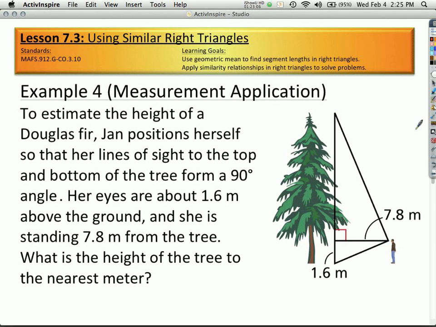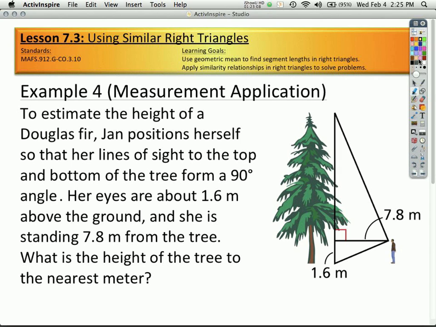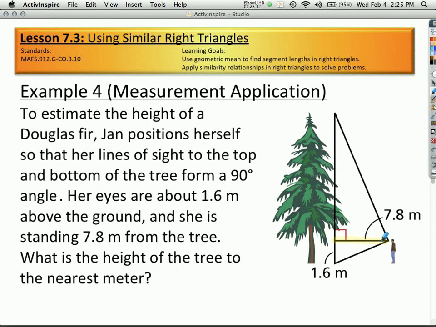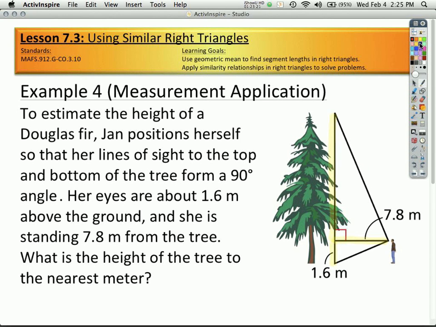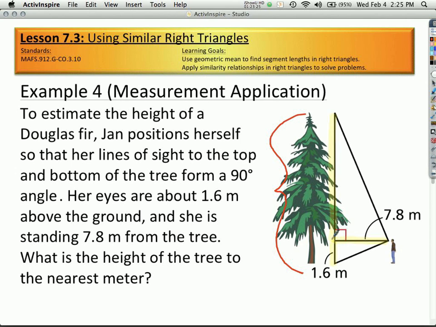Because, as I've said a few times, this distance has a relationship with this one. And if you're looking for the height of the whole tree, that's the sum of 1.6 and this missing piece of information. So once you find this missing piece using the relationship that we've established, add it to 1.6, and it's no big deal.